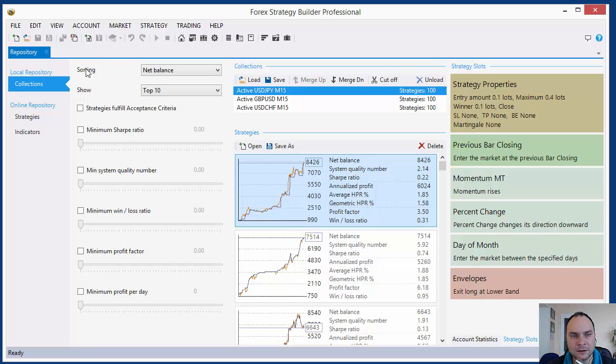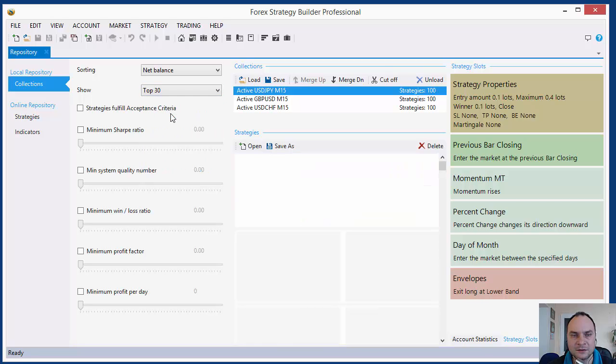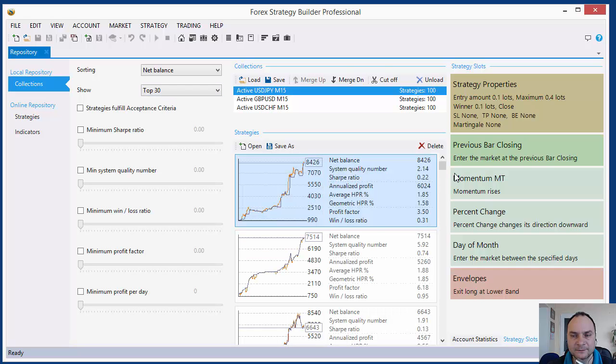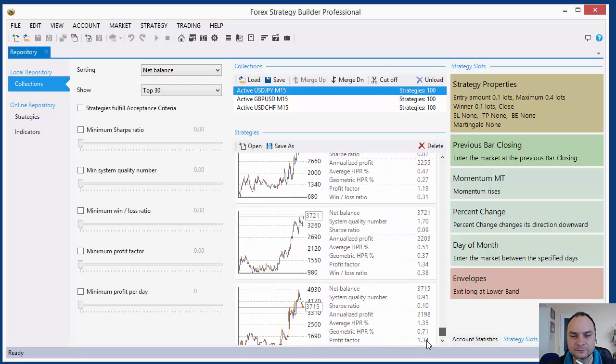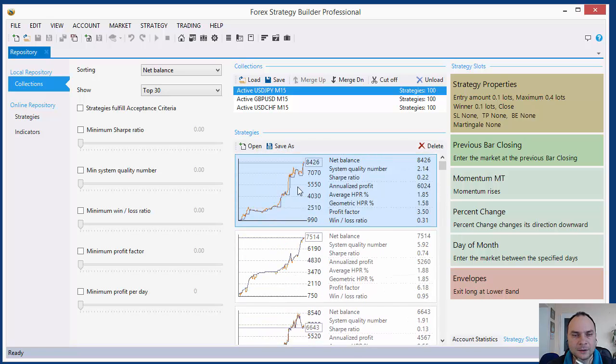Here I can sort the strategies by a criterion. The default one is the net balance. And here I can select how many strategies to see. Let's see the top 30 strategies. I can also use different filters.